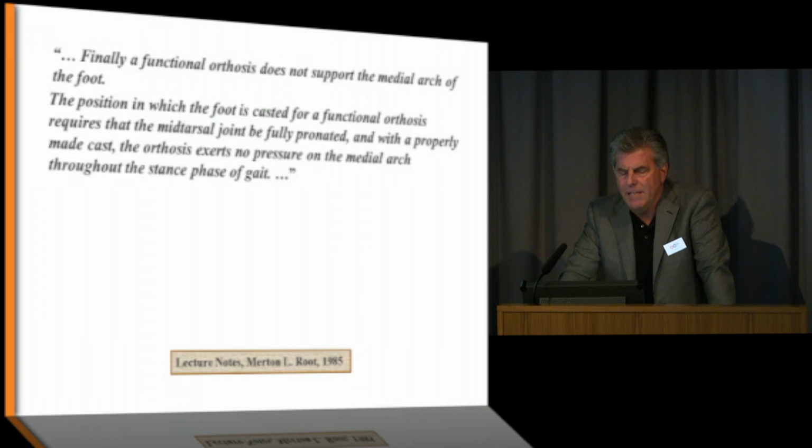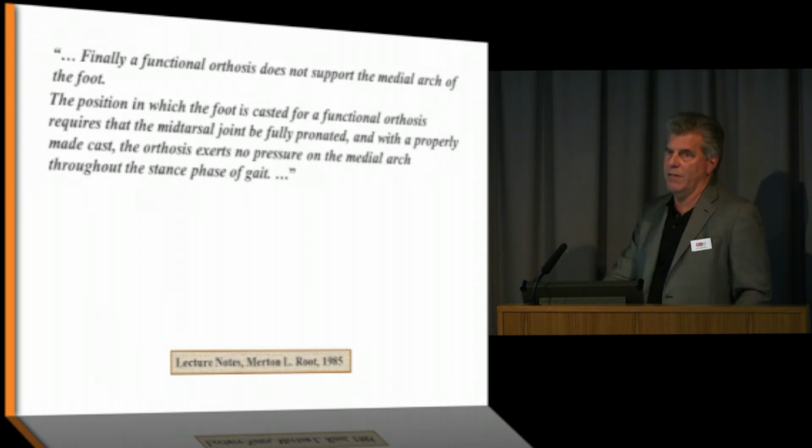And he says in this particular section, finally, a functional orthosis does not support the medial arch of the foot. The position in which the foot is casted for a functional orthosis requires that the mid-tarsal joint be fully pronated. With a properly made cast, the orthosis exerts no pressure on the medial arch throughout the stance phase of gait.